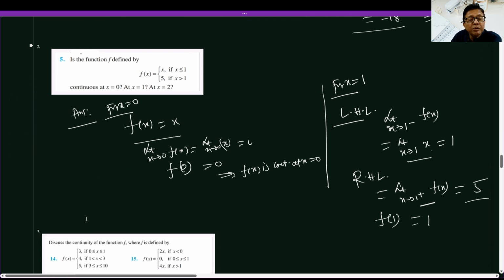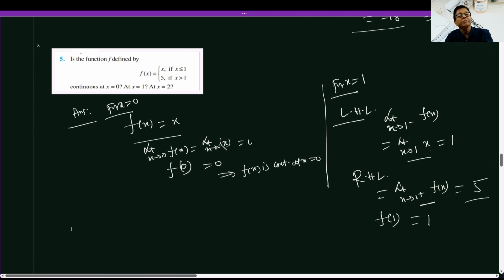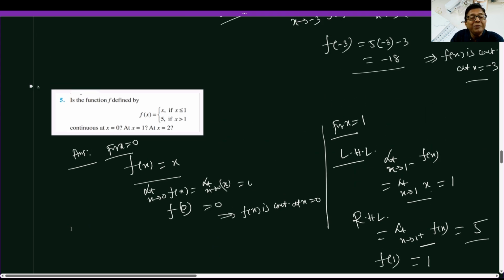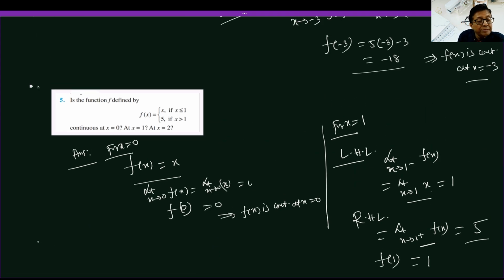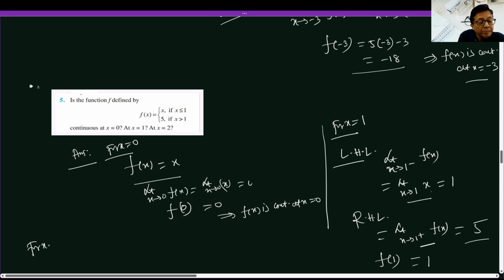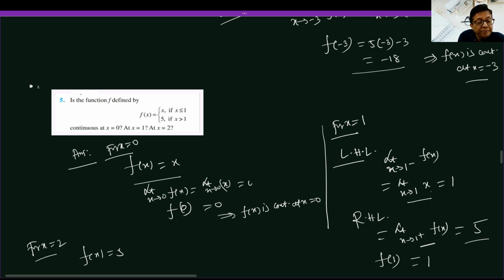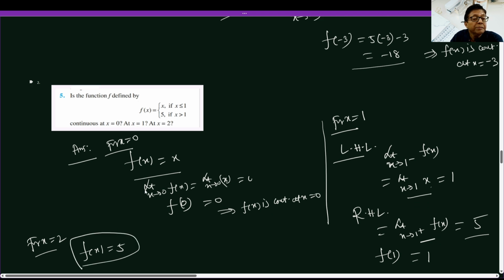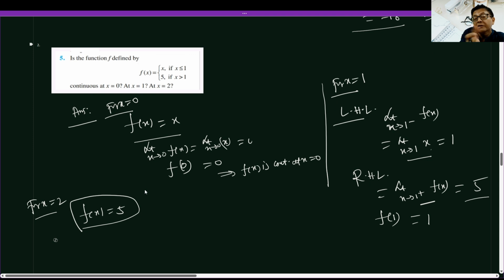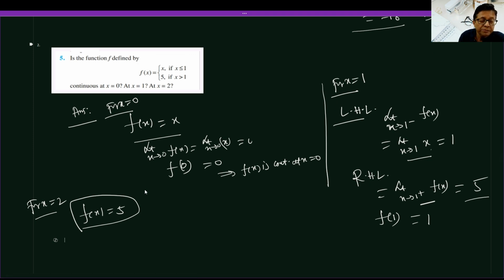Now at x equal to 2, what do you observe? At x equal to 2, it is greater than 1. For x equal to 2, we will be taking f(x) equal to 5 because it is defined that way only. And it is a constant function, continuous everywhere. Definitely it is continuous at x equal to 2.